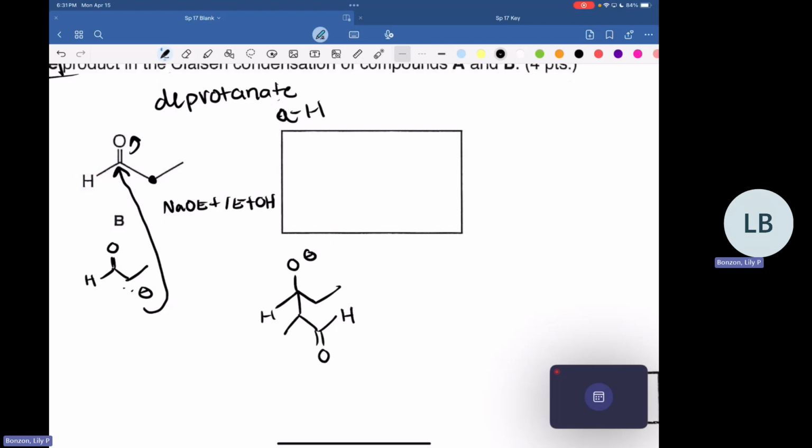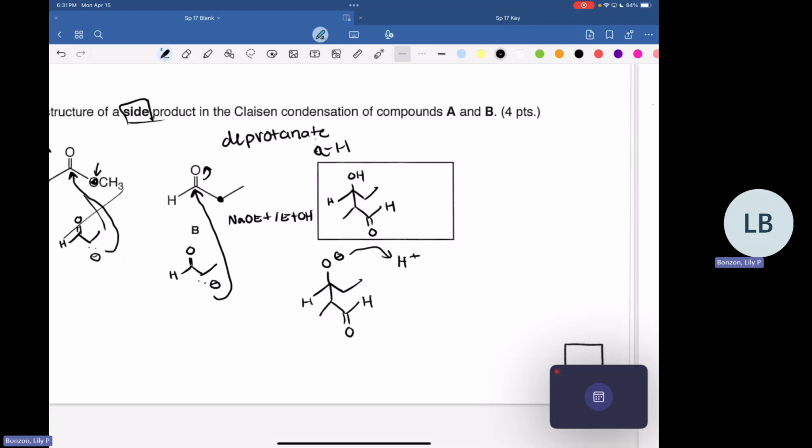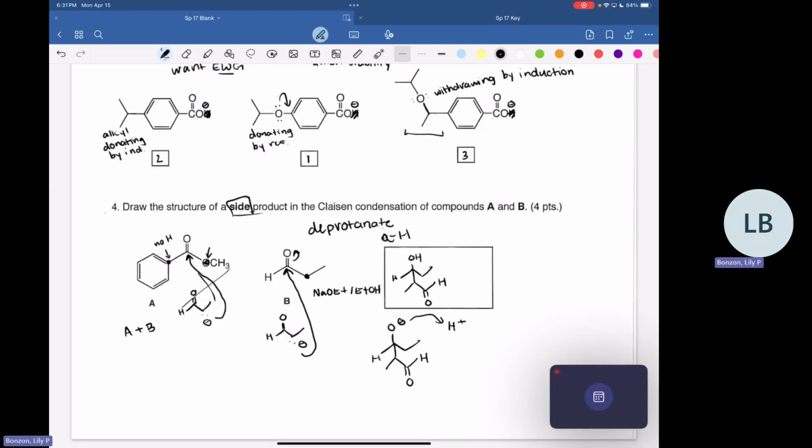And then this isn't really a stable structure right here. So I would go ahead and just draw the full Claisen product, which would be when the O- gets protonated. We're just going to be like this. So that would be a side product for this reaction. Questions on this one?